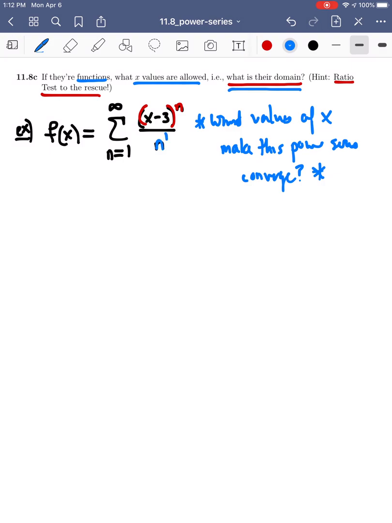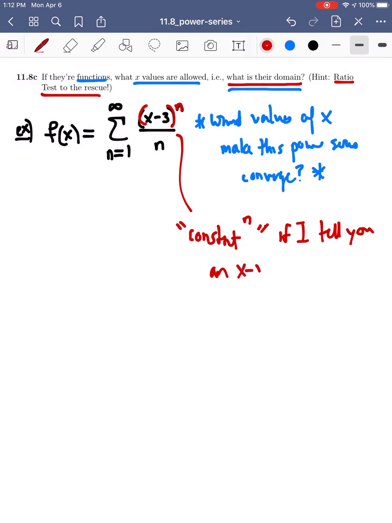The thing I want us to focus on is this (x minus 3) raised to some power. This looks like we have a constant raised to the power of n. If I say, hey, let x equal 7, let x equal minus 1/10, we're going to get some value raised to the power of n.